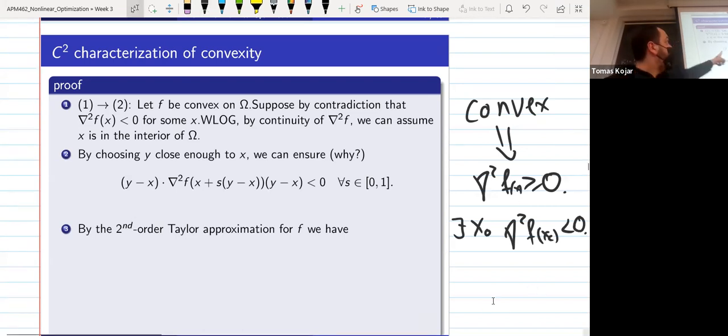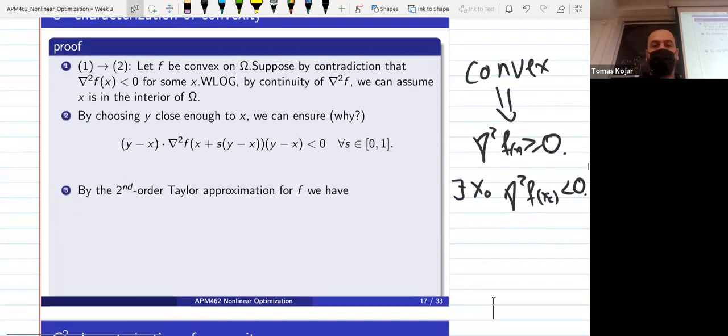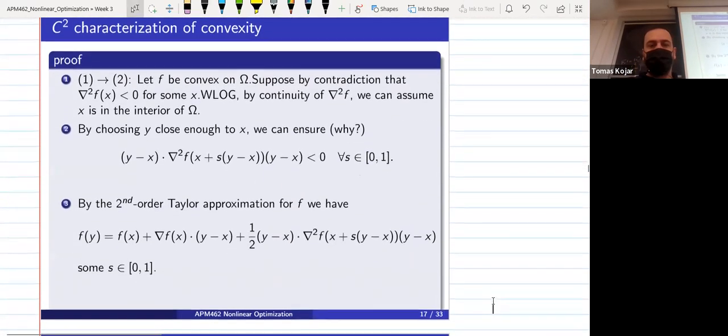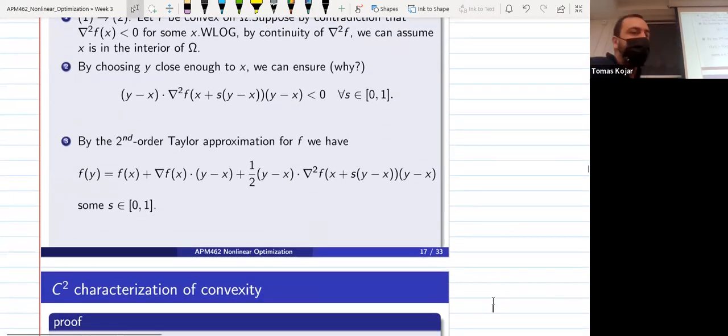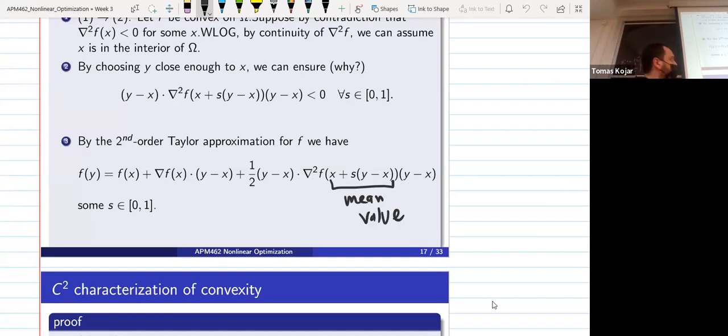So we have this statement. Now apply second order. Just to remind you, second order said that there is some mean value of this form. This is the mean value. Let's combine the two.